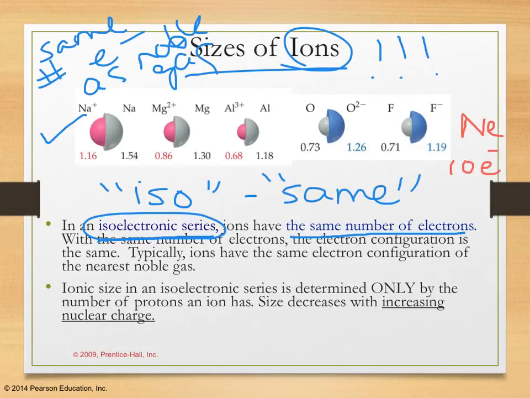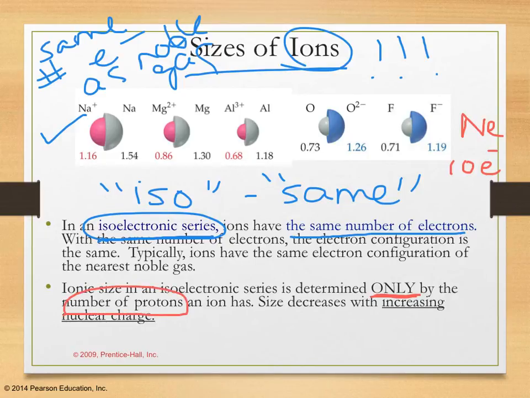And so you might be asked a question that says, rank or order all of these ions from the smallest to the largest, or the largest to the smallest. If they have the same number of electrons, the only thing you need to be concerned with in ranking their size is the number of protons each of them has.